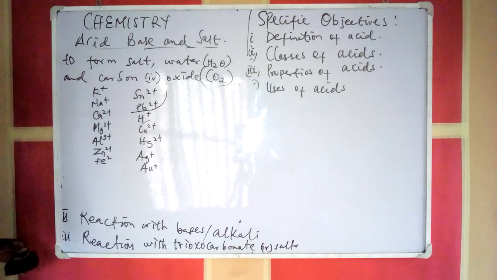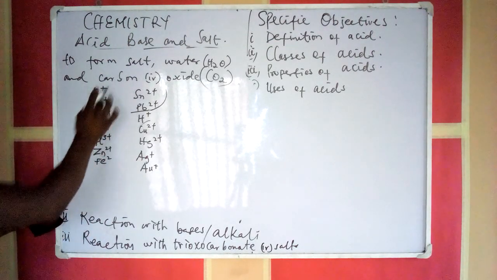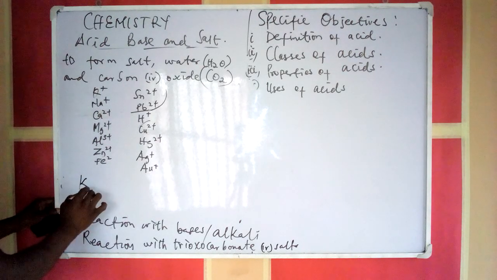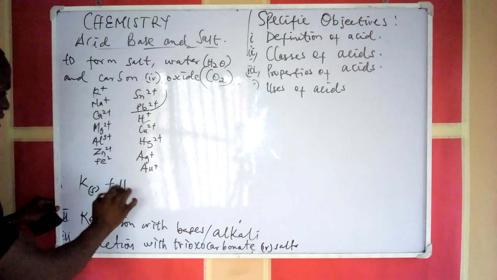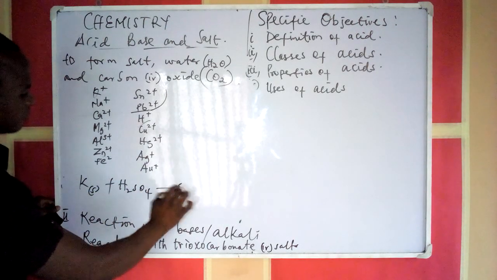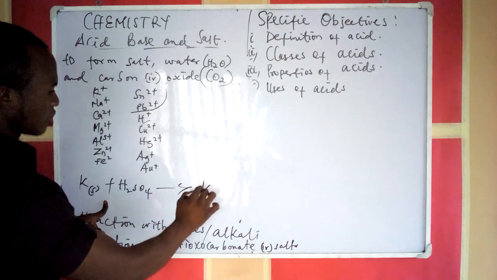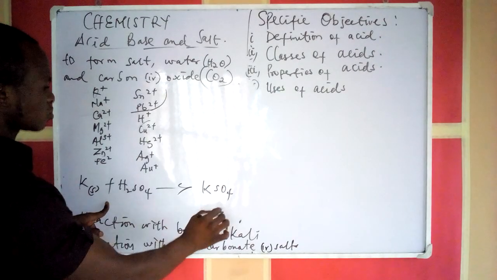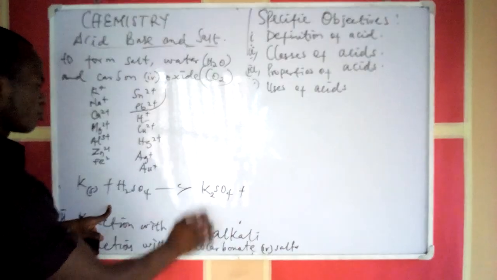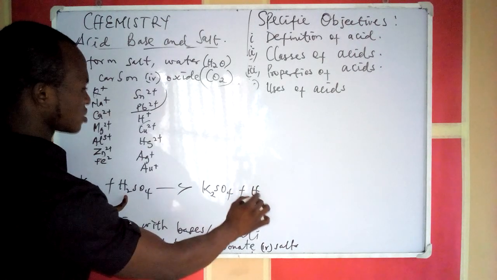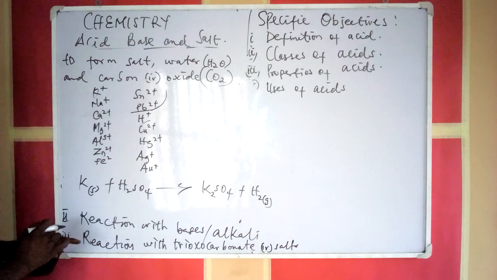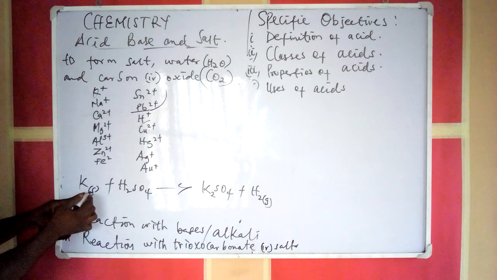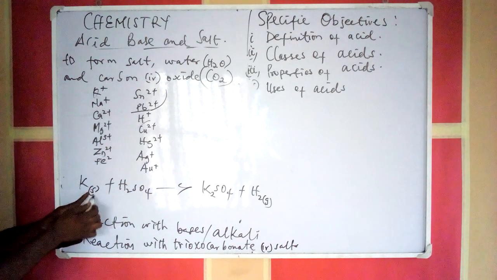Reaction with metals. Let us look at potassium. Potassium reacting with H2SO4 to give us potassium tetraoxosulfate(VI) plus hydrogen. Look at this reaction here. Potassium is metallic, which is solid.